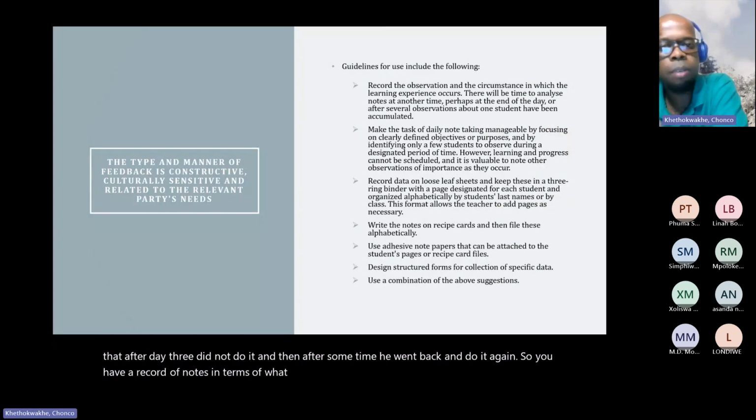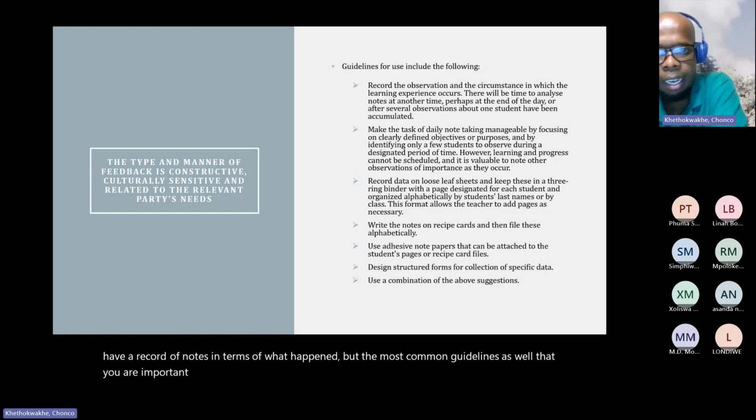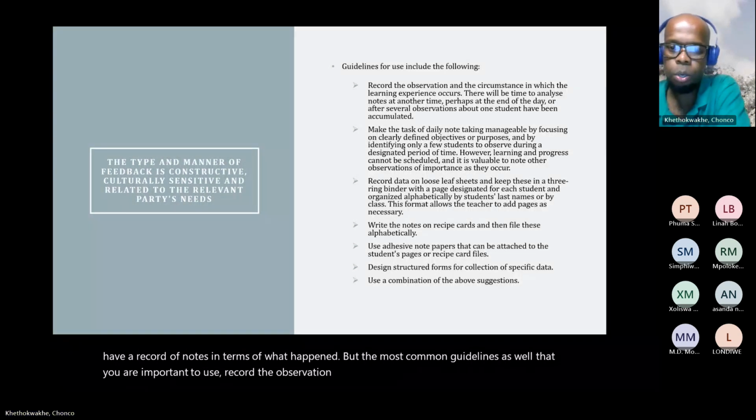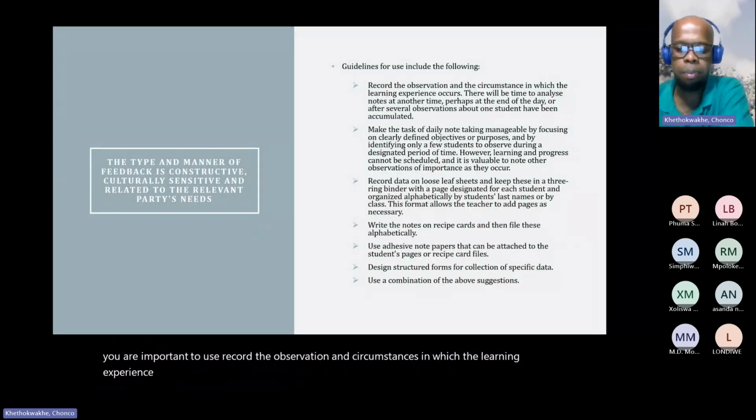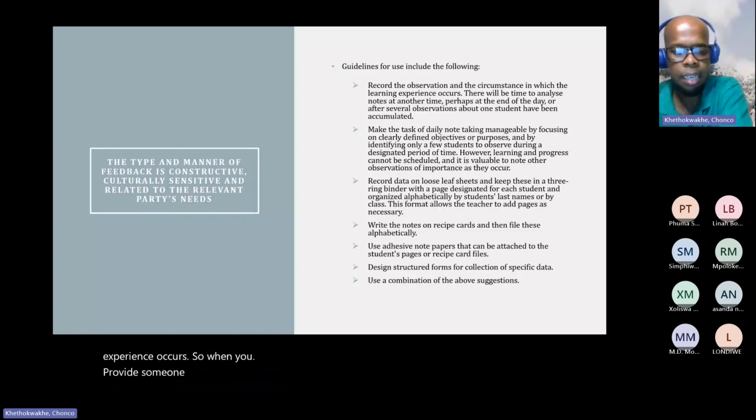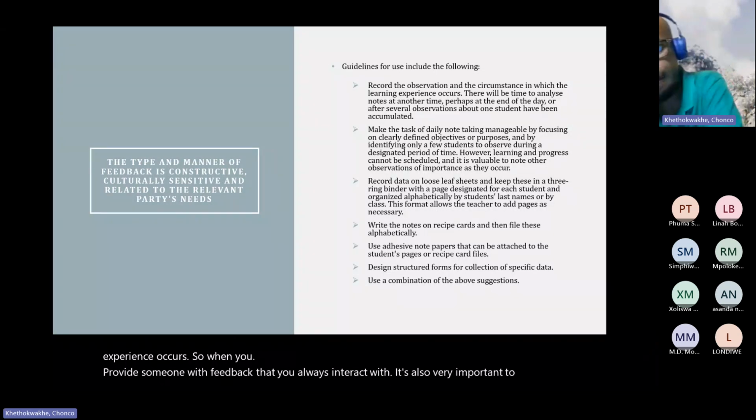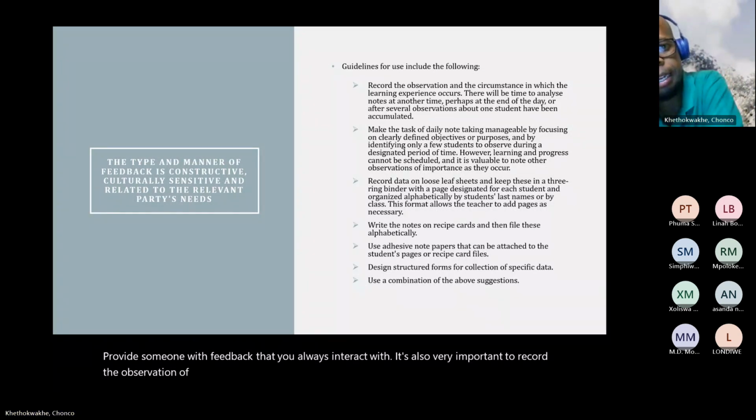But the most common guidelines that are important to use: record the observation and circumstances in which the learning experience occurred. So when you provide someone with feedback that you always interact with, it's also very important to record the observation of important learning experiences that take place.